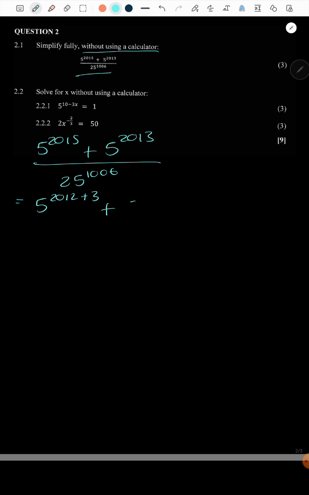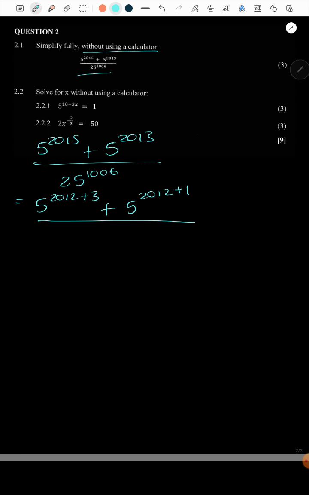Plus 5 to the power 2012, and in order for us to get 2013, we must add a 1, then divided by 25 to the power 1006. But what can we do with the 25?